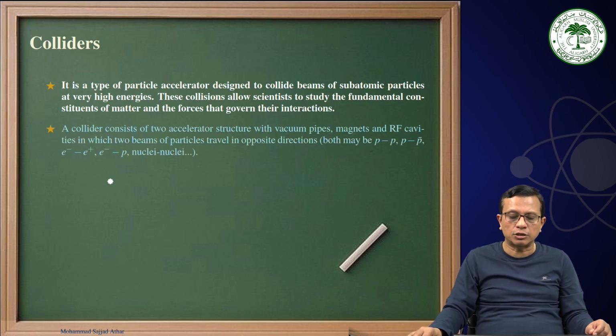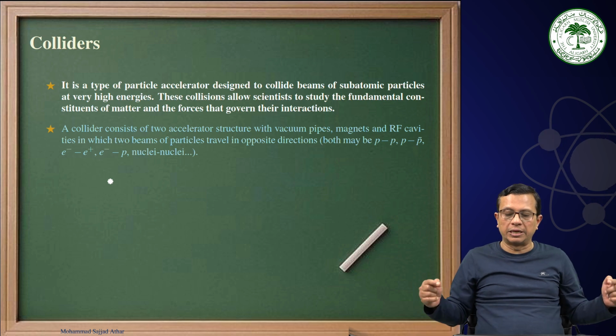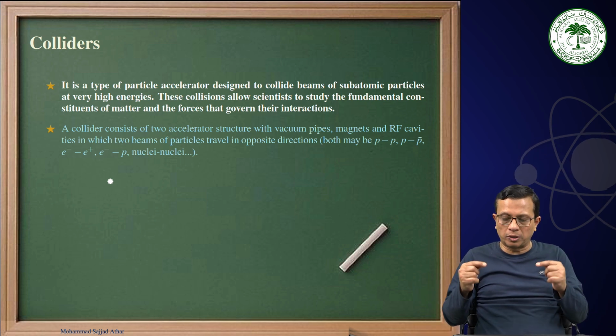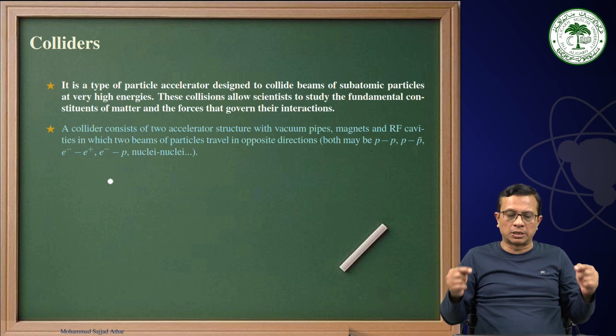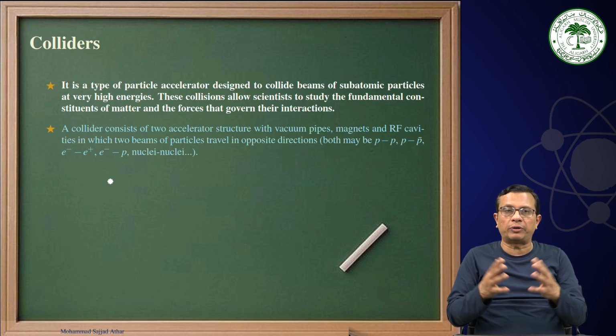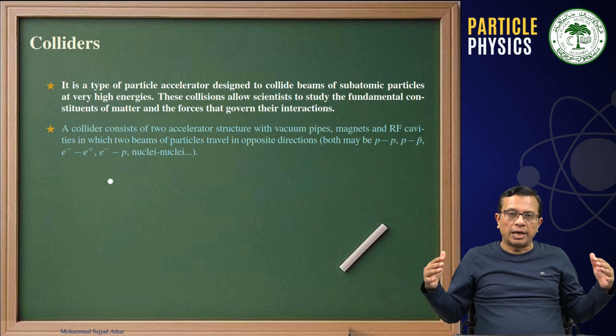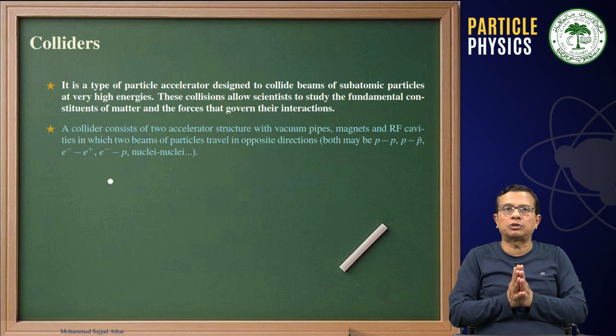A collider consists of two accelerator structures with vacuum pipes, magnets, and RF cavities in which two beams of particles travel in the opposite direction. They can be two protons, proton-antiprotons, electron-positrons, electron-proton, or nuclei. For example, at LHC, you have the lead-lead collision also. Or you can have electron-positron collision.